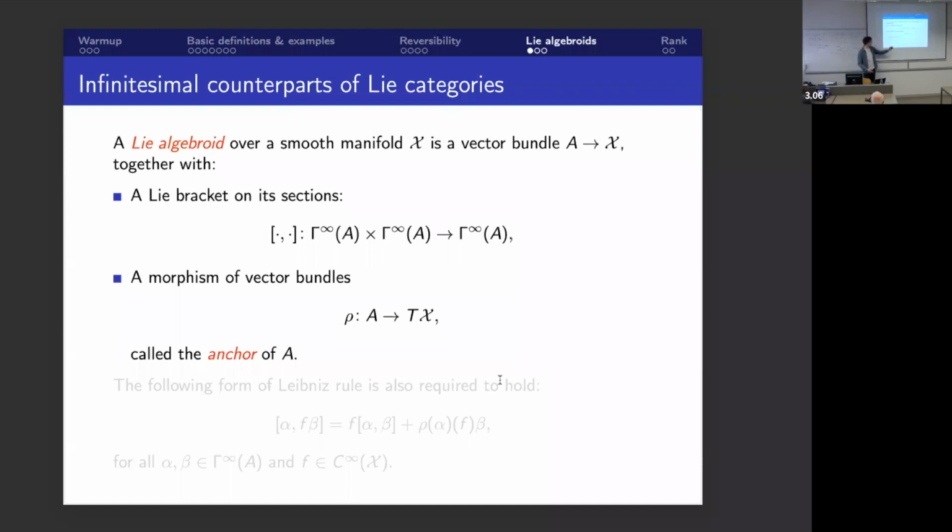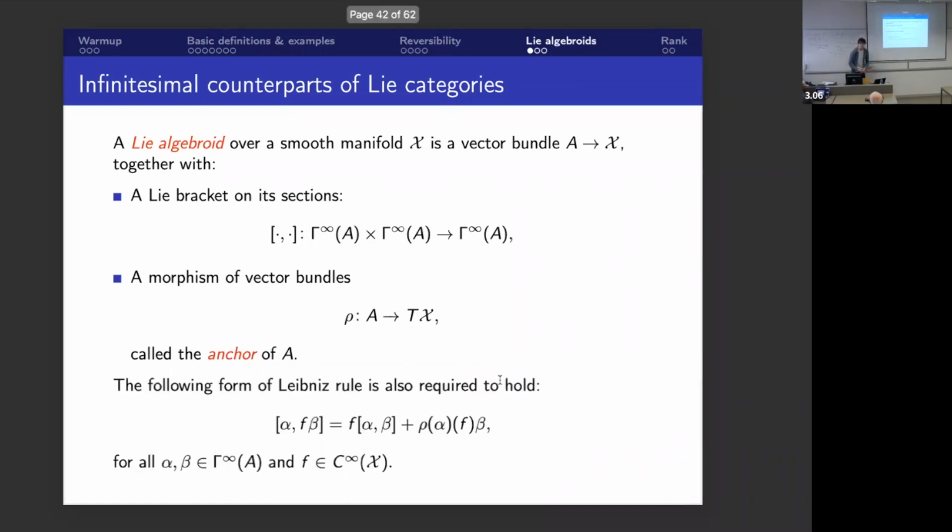It's called the anchor of our Lie algebroid. We assume that these two are compatible, which means a certain Leibniz rule holds. So basically, a Lie algebroid is a vector bundle equipped with a Lie bracket.